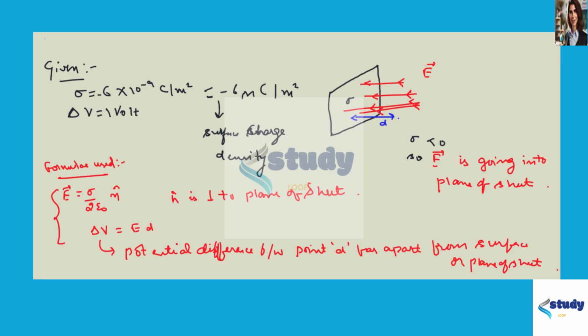But coming to the A part, the question says, as you move away from the sheet along a line perpendicular to it, does the potential increase or decrease? So definitely, we have negative charge density here. For any positive charge, the potential decreases because your E is having minus sigma.